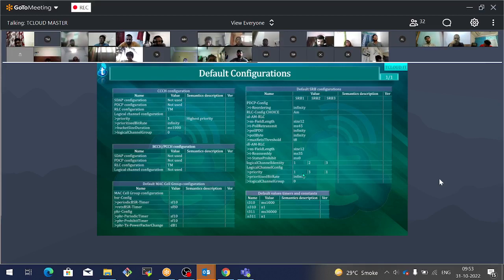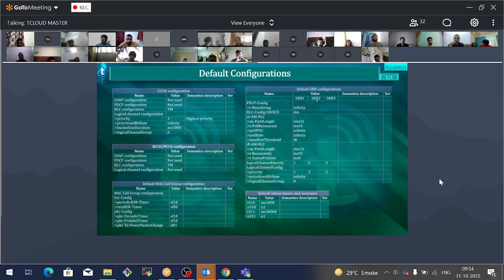If the mobile wants to communicate with the primary cell, it will use SRB1. To communicate with the secondary cell, it will use SRB3. But because we did not study much of the secondary cell related configurations, we'll ignore SRB3 related discussion from here onwards. But because it is present here, I have explained it. So without the secondary cell, the mobile would have only two SRBs, SRB1 and SRB2.